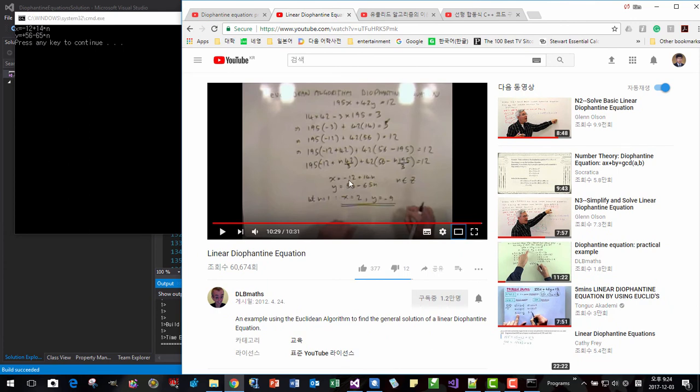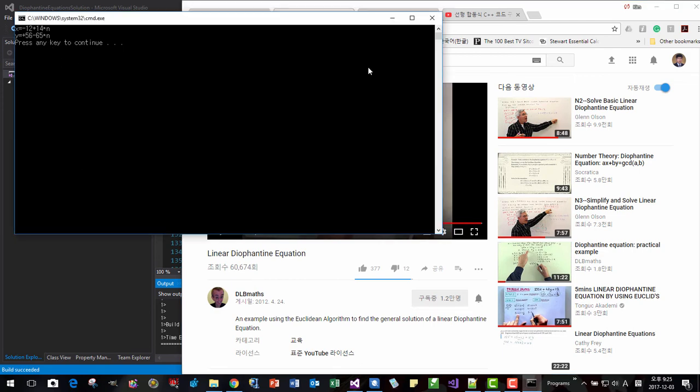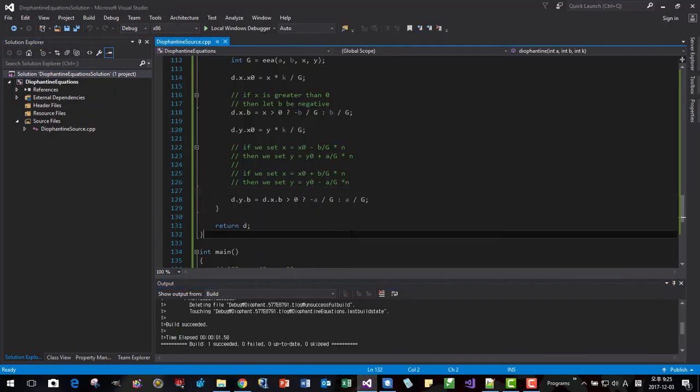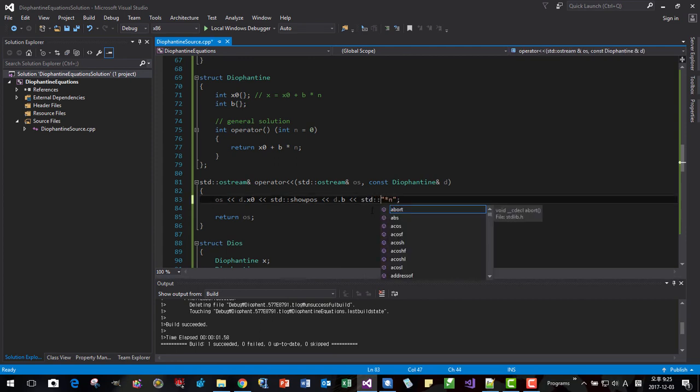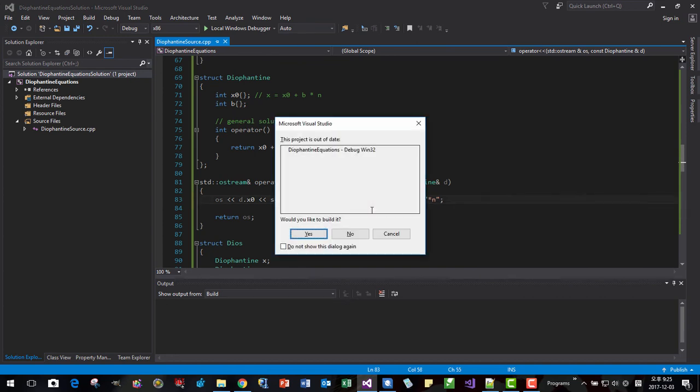X equals minus 12 plus 14n, y equals 56 minus 65n. So the solution is correct. Now I want to fix here one more thing, then I would say std::endl to show the output. Now I will try again.